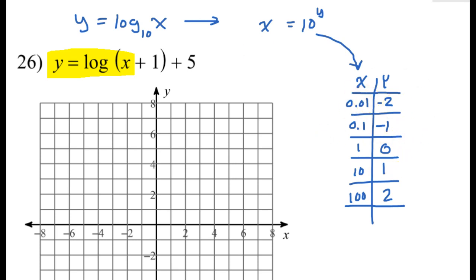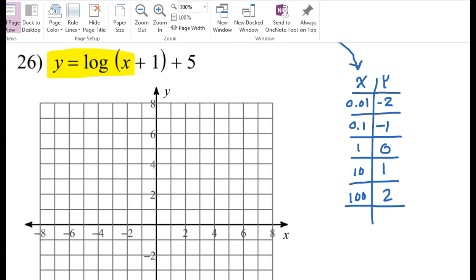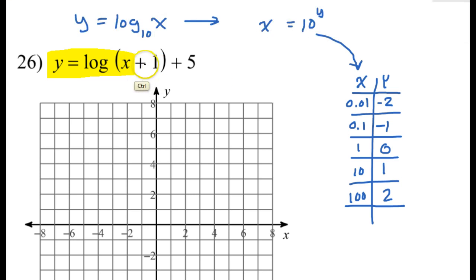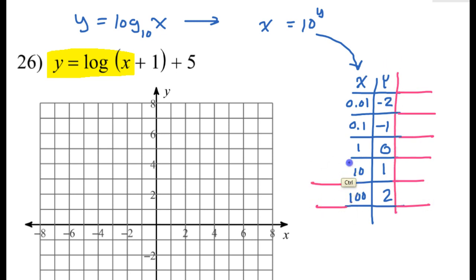Okay, that'll make it easier for what comes next. So now it's time to do the transformations with the +1 and the +5. So this is going to change the y value and the x value. So we'll have a new y value and we will have new x values.